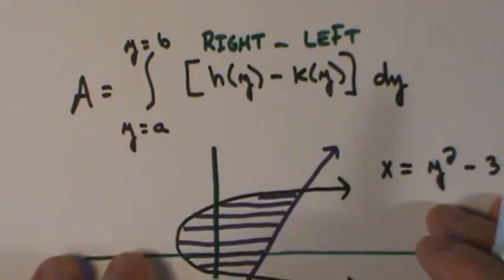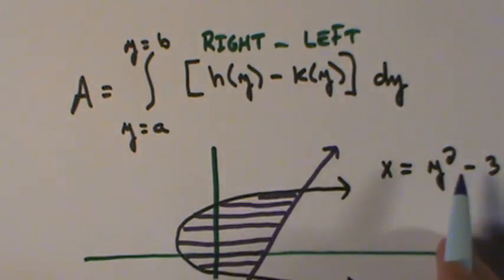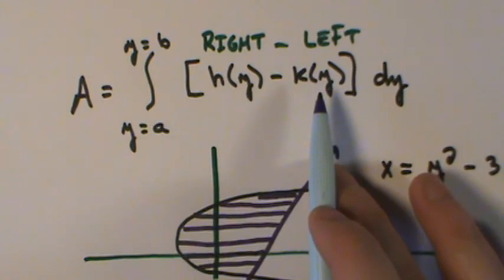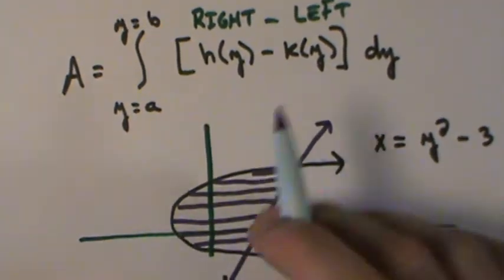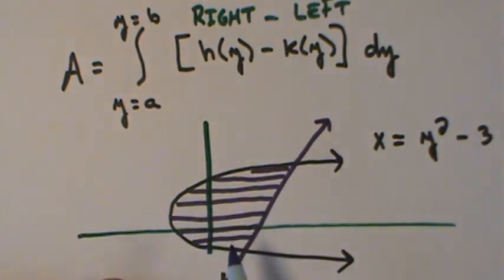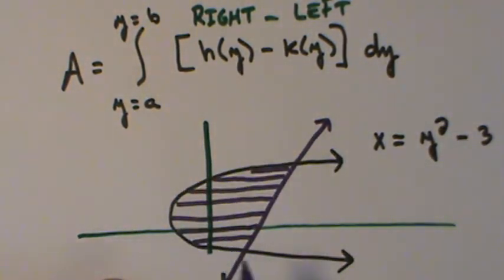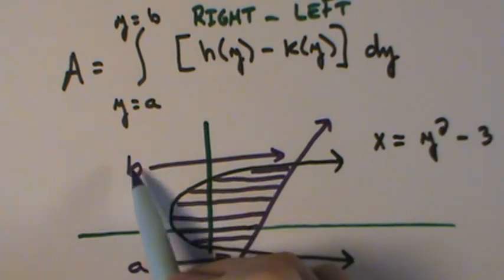Second situation, you solve for x, so everything's in terms of y. This would be something in terms of y minus something in terms of y, and that would be a horizontal slicing. Now, when you do go right minus left, the integral from a to b, a has to be down here. It's your bottom value. This would be your a, and up here would be your b.